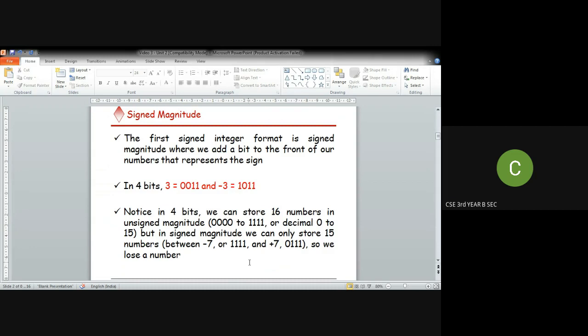But in the signed magnitude method, a 4-bit binary number can only represent minus 7 to plus 7. So this is a lack of number representation. Signed magnitude is not a better one, so we have to choose the next level.